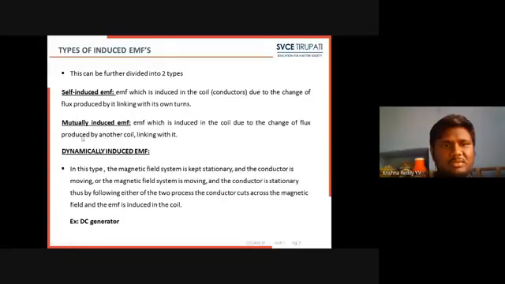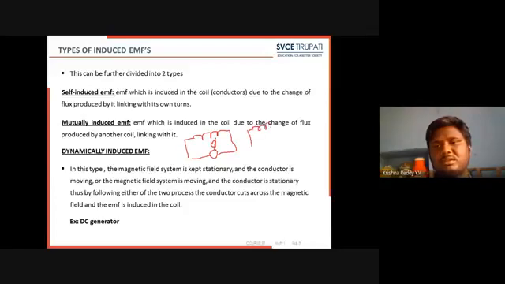Dynamically induced EMF, self-induced EMF and mutual induced EMF. Dynamically induced EMF means one coil is supplied with a battery or DC supply. Then we get constant flux. Here we place one more conductor.